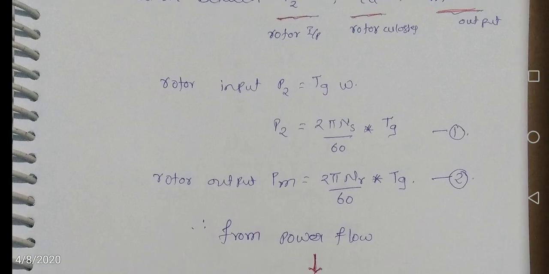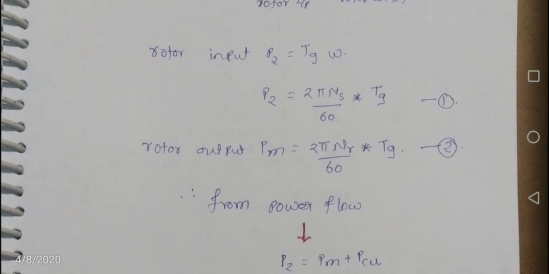And PM, as we know, the rotor output power PM equals Tz into omega here also, but here omega is 2 pi nr by 60. PM is at the shaft because it is related to rotor speed, and P2 is at the air gap. Rotor input power is in the air gap. The air gap flux speed, or the rotating magnetic field speed, is equal to ns.